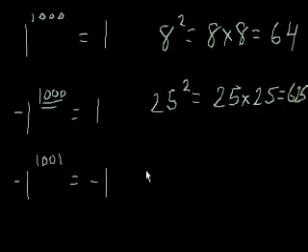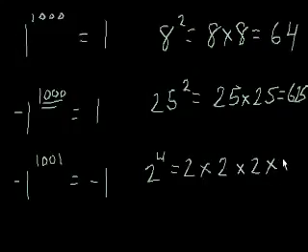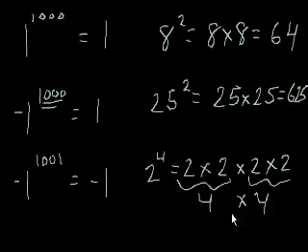Powers of 2 are always very interesting. It's especially interesting if you one day go into computer science. So 2 to the 4th power, that's 2 times 2 times 2 times 2. So 2 times 2 is 4, and 2 times 2 is 4. So it equals 16. And I did something very interesting here, kind of on purpose.